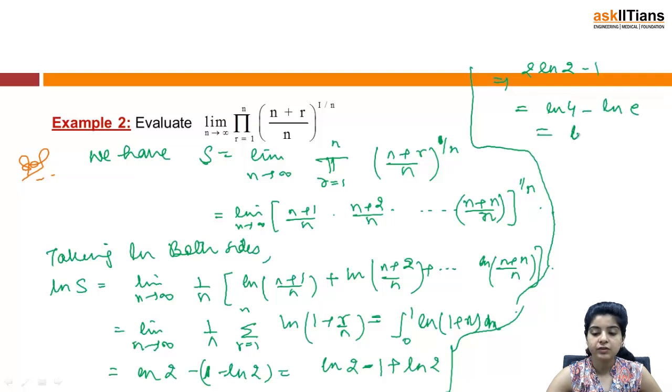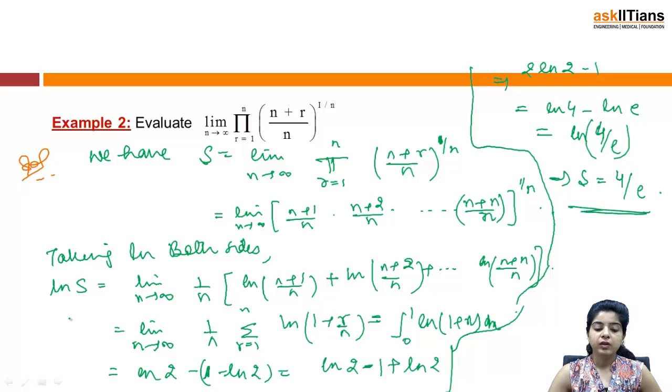I can write it as ln(4/e). Since ln S equals ln(4/e), S becomes 4/e, and therefore the required value is 4/e.